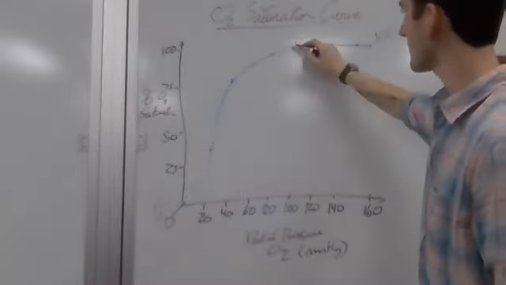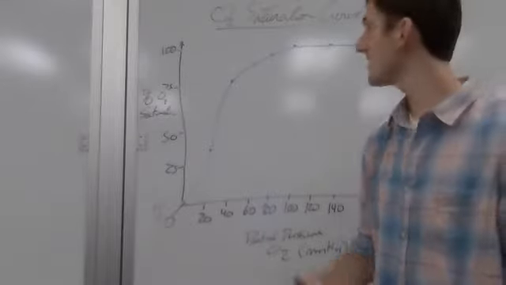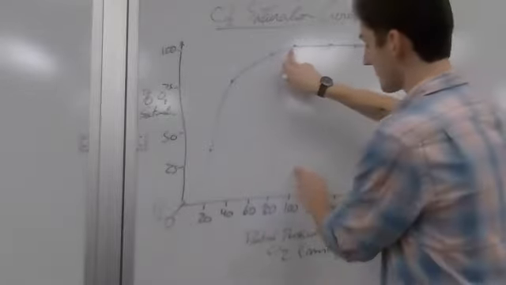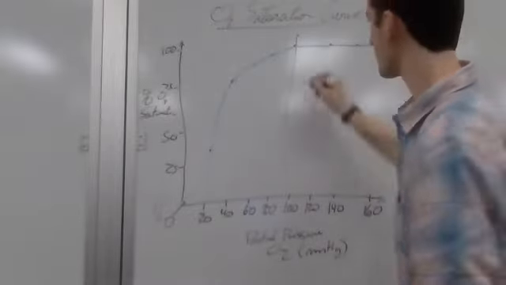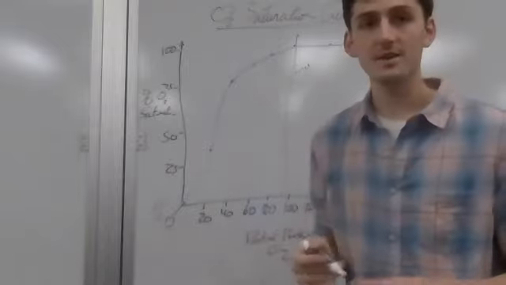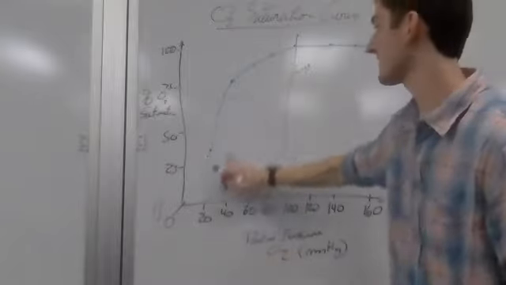So right here, we have about 100% oxygen saturation for our hemoglobin still. But once we get past this point, this line right here, which is basically where your lungs are, your hemoglobin's affinity for oxygen drops off fairly steadily.